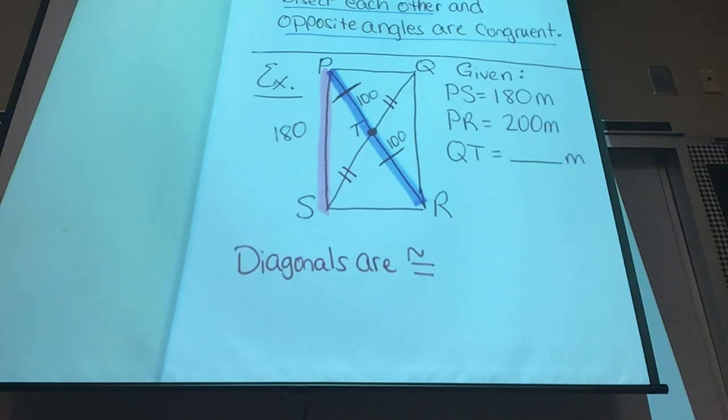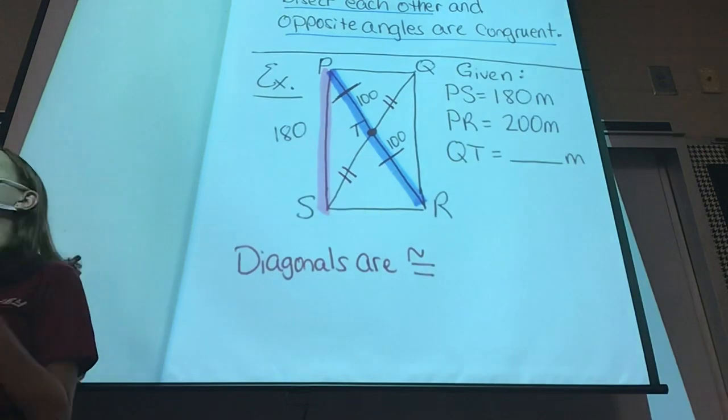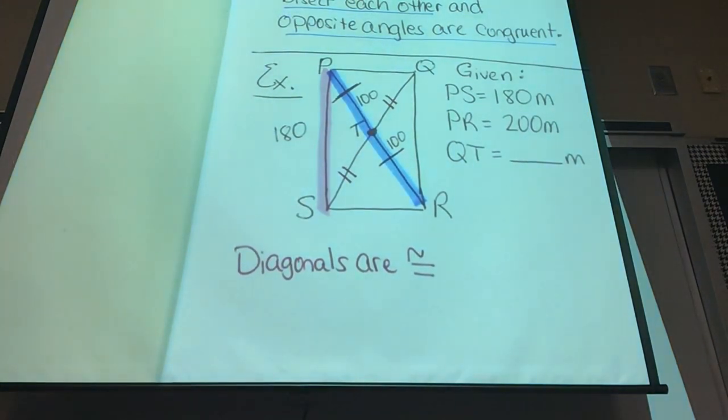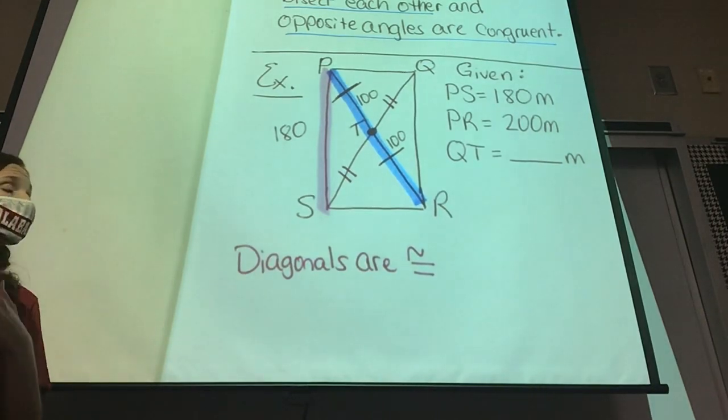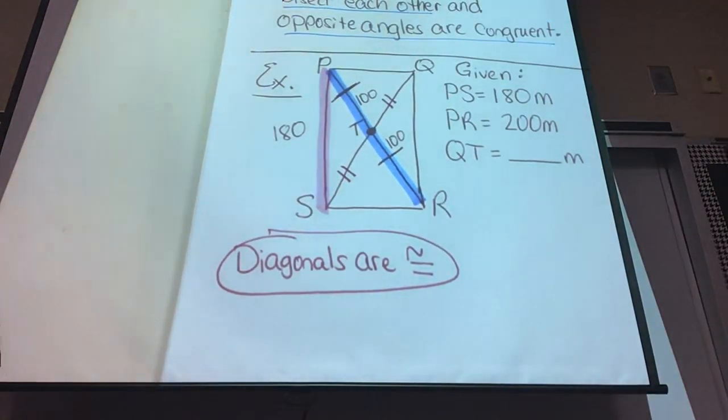So your diagonals are congruent in a rectangle, because your shape doesn't lean, which means one is not going to be bigger than the other. In a perfect rectangle, both diagonals are going to be exactly the same length. So if one diagonal is 300, the other diagonal is going to be 300. That's something you've got to remember. This right here is going to help you.